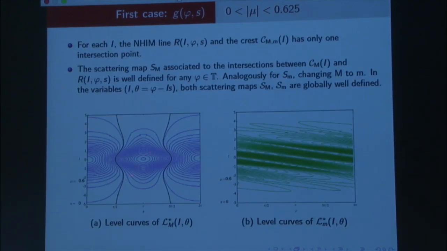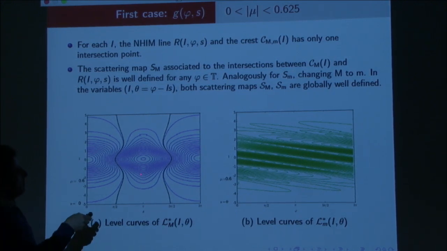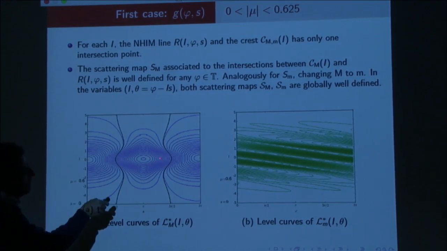And so these are the level curves of this reduced Poincaré function. So look, in the first case for the maximum one, we see that these are level curves. Recall, if I am here, I will be jumping, following only the scattering map, making jumps of order epsilon.